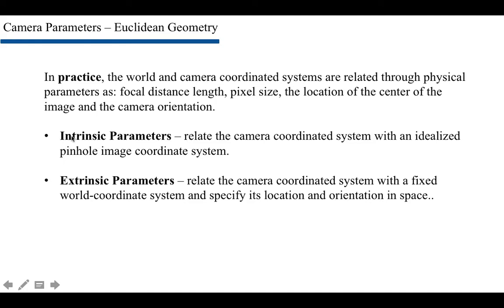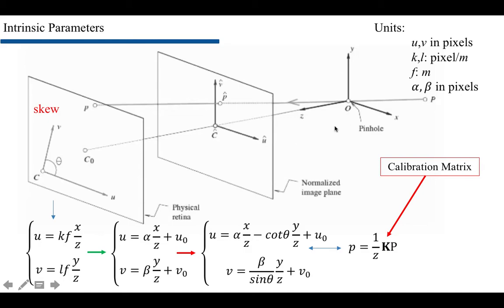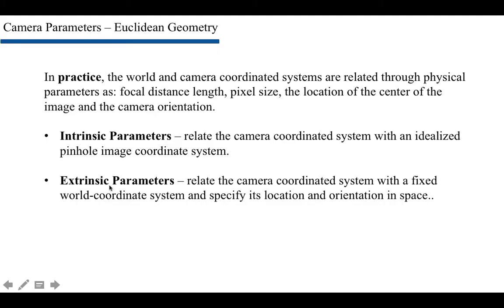But we have what we call intrinsic parameters. They relate the camera coordinate system with an idealized pinhole camera image coordinate system, which is precisely what we did. We're relating the real camera with an idealized pinhole camera model. But there's another kind of parameters, called extrinsic parameters, and they relate the camera coordinate system with a fixed world coordinate system and specify its location and orientation in space.